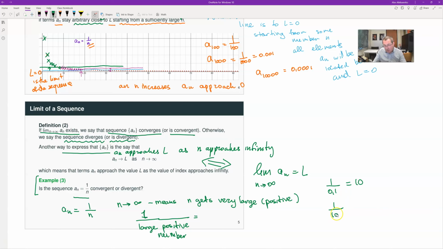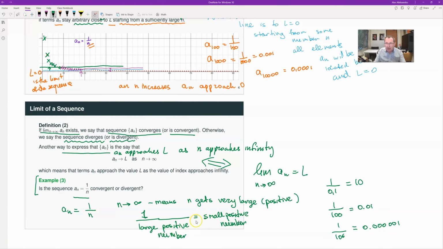Now, if I take 1 over 100, then all of a sudden I have 0.01. If I take 10 to the 6th, then I get 0.000001. Now we start to see that when we divide by a large positive number, we get a small number.